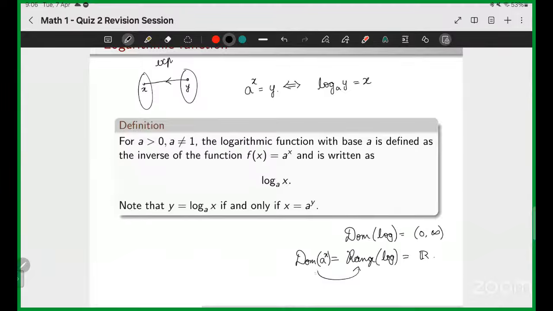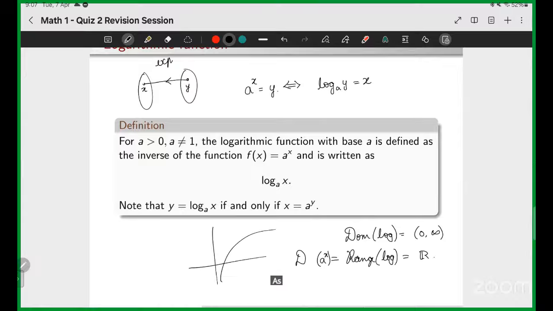Why is this statement true? Because these are inverses of each other. So exponential inverse is log, which is equivalent to saying log inverse is exponential. So the domain of the inverse of a function, here the function being log, is the same as the range of the logarithmic function. So you will get both of them to be R.